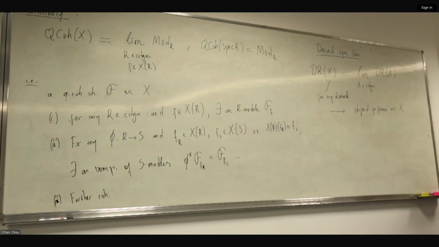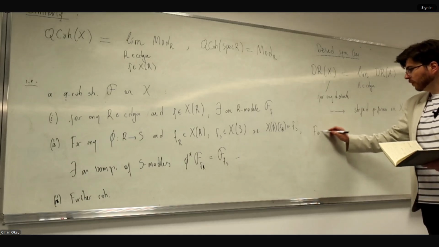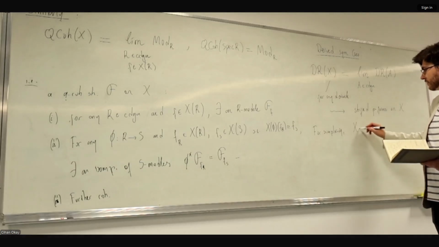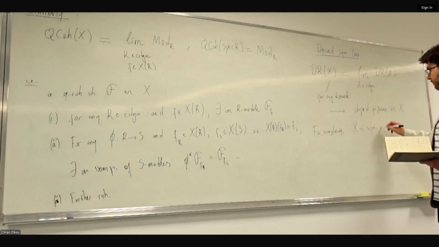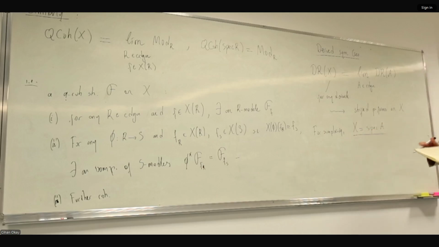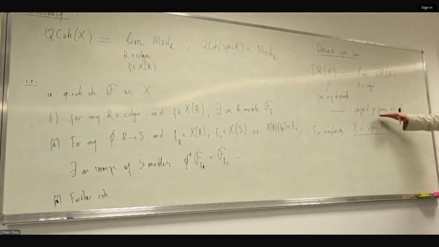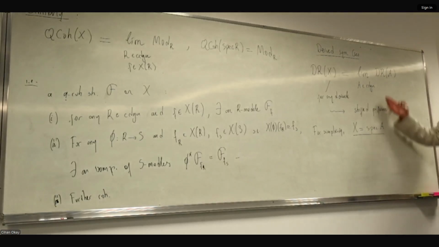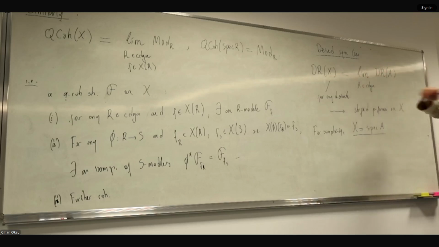But for simplicity, let's focus on when X is Spec A, the affine case. I'm going to define shifted p-forms and shifted symplectic structures only for such things, affine cases, but we know how to glue them, and globally they can be defined like this.